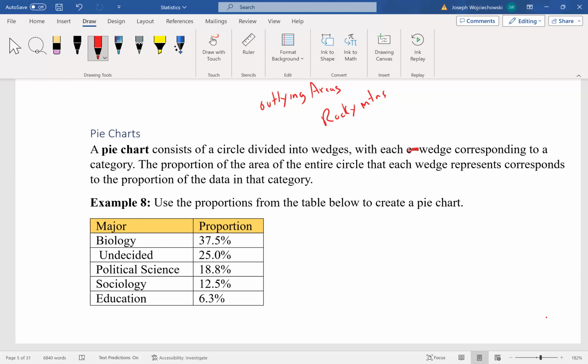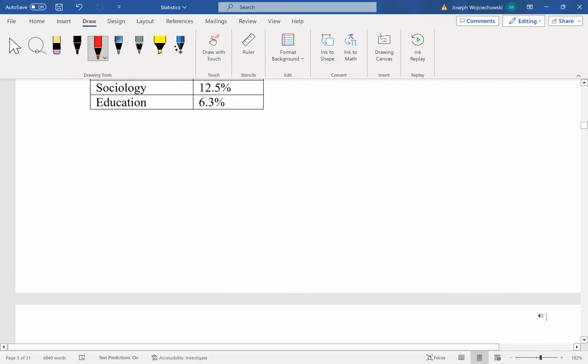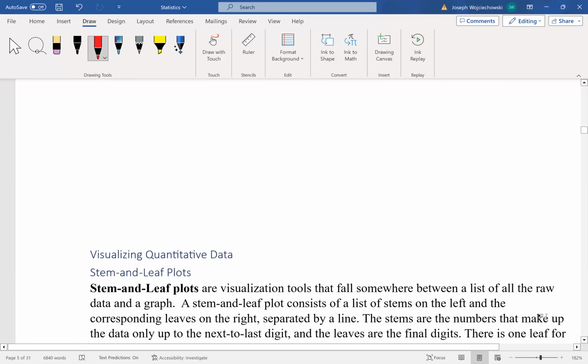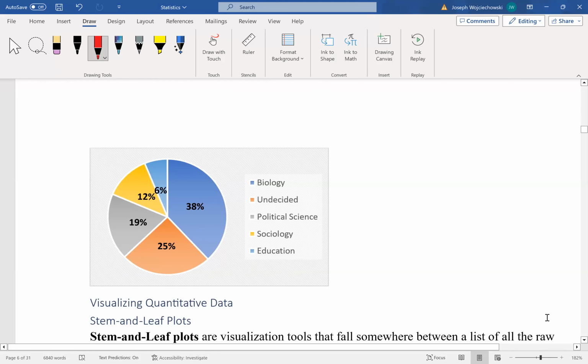Now, pie charts are difficult to do by hand. They can be done fairly easily with something like Excel. That's what I use to create this. So as you can see, the wedges represent the size, 38% roughly, 25% roughly for undecided.